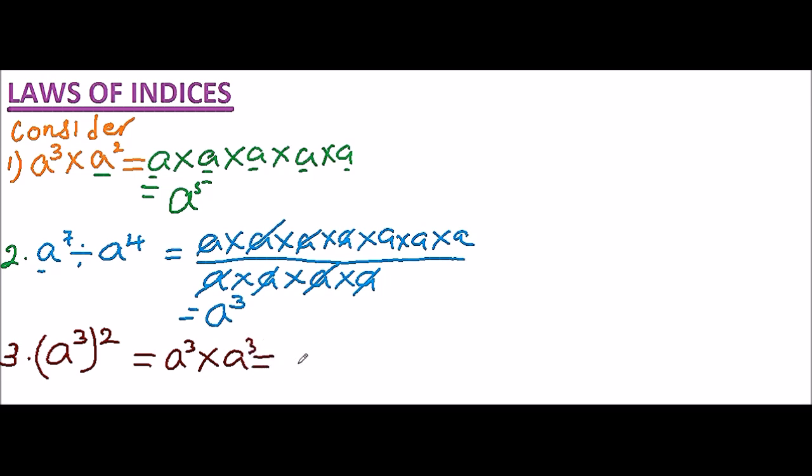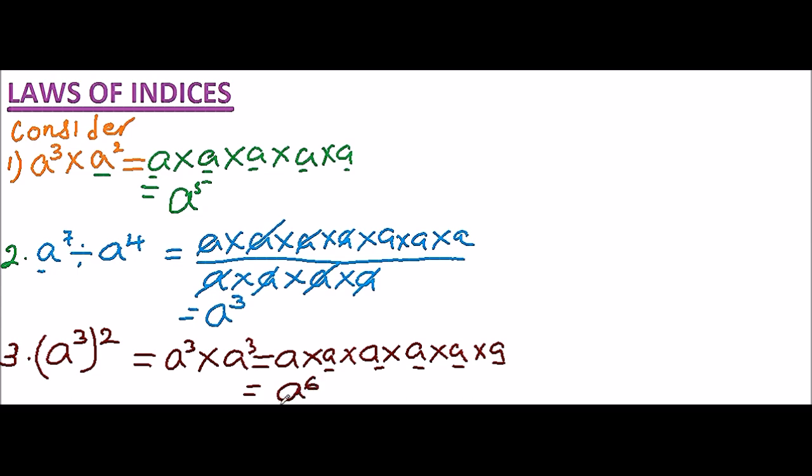We can write a cubed as a multiplied by a multiplied by a. Then the other a cubed, you also multiply a by itself 3 times. So if we count 1, 2, 3, 4, 5, 6, it is equal to a to power 6.